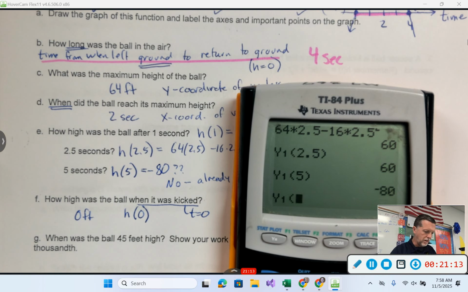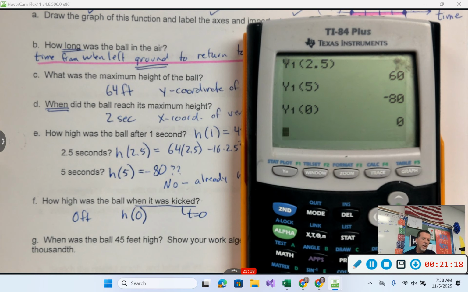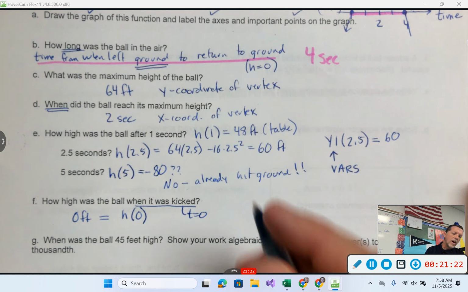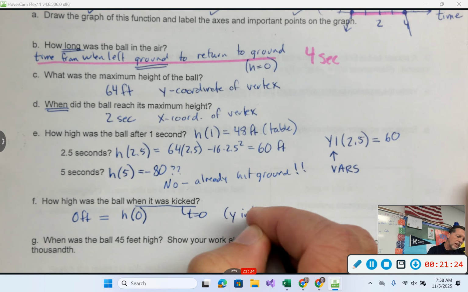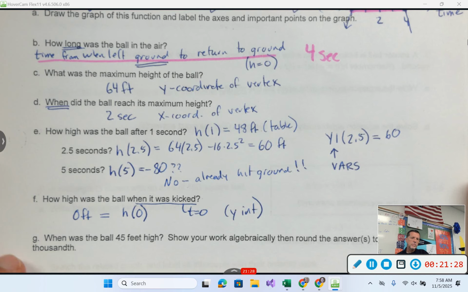Do y1 of 0. However you get there, h of 0 is 0. So this thing started at 0. I suppose you could also say it's the y-intercept, because that's where we start. Okay, so far so good.